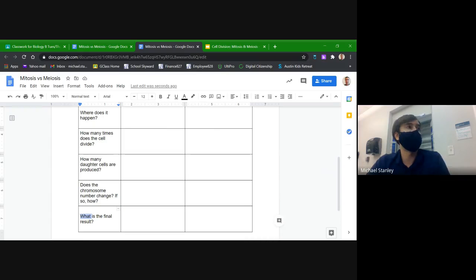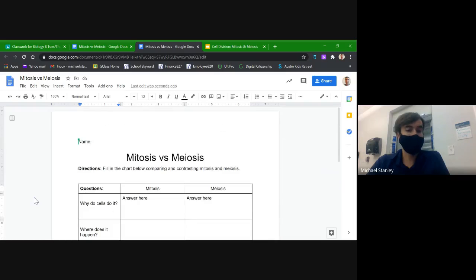And then what is the final result? When we stand back and look at the process of meiosis and mitosis, what are the final types of cells that we are left with? So again, pretty much exactly what we just spent the last 20 or 30 minutes talking about, doing a lot of comparison between these two processes. Hopefully it should be pretty simple and straightforward to work through and get turned in.